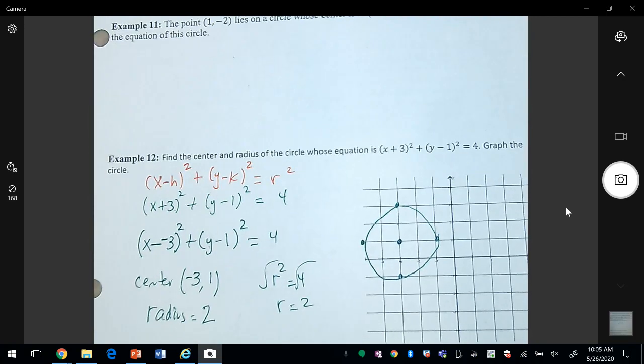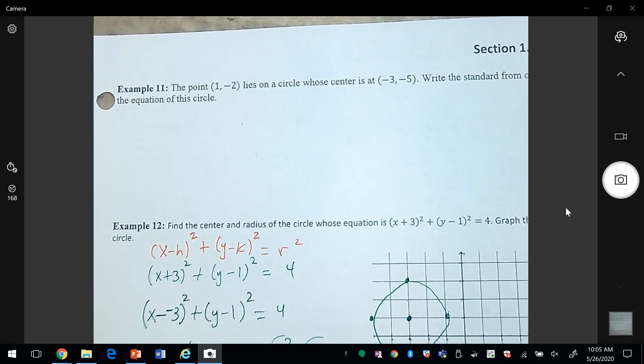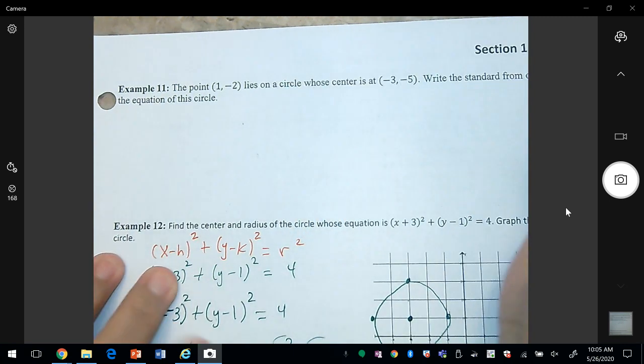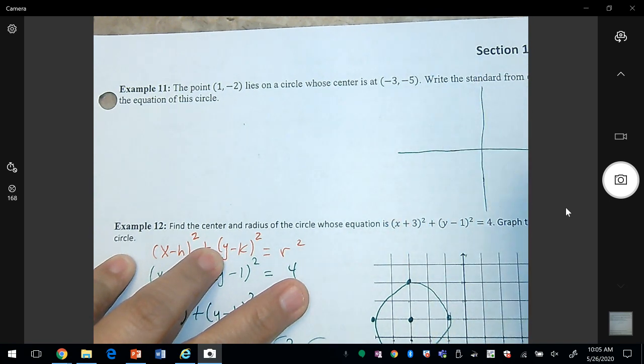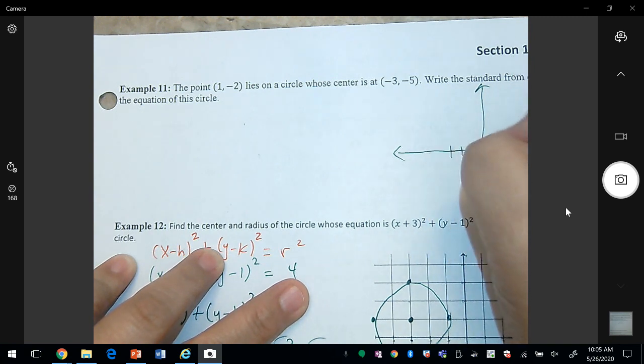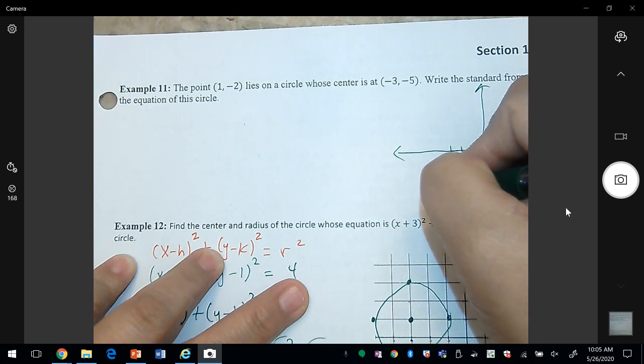Okay, so now let's look at example 11. The point 1, negative 2 lies on a circle whose center is at negative 3 and negative 5. So let's kind of draw a little picture here. So this is the center.